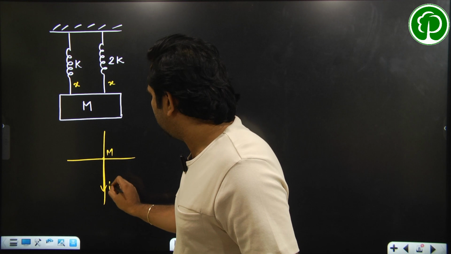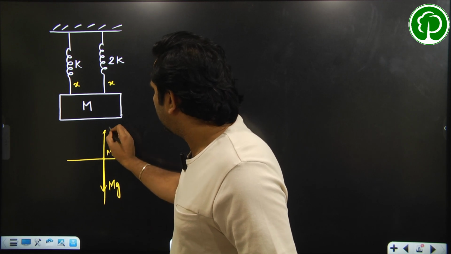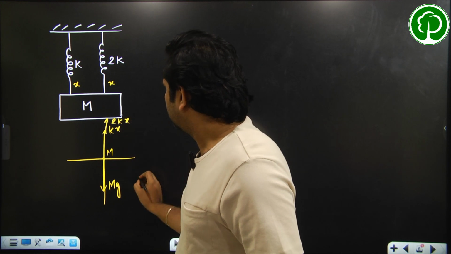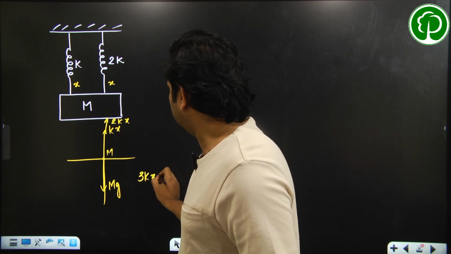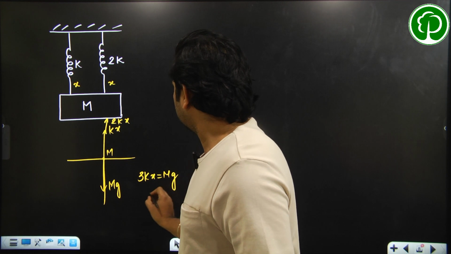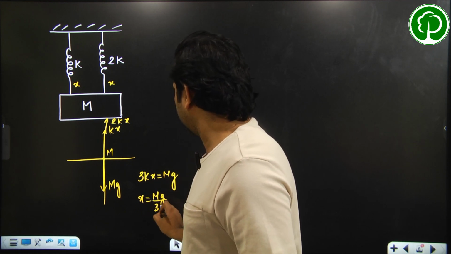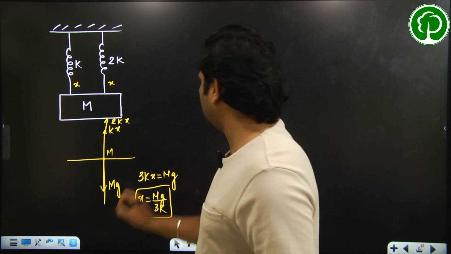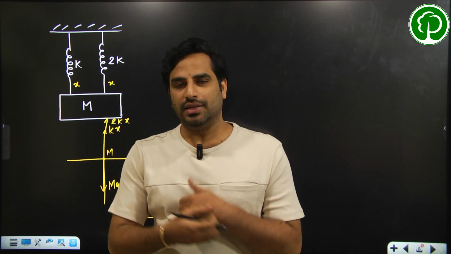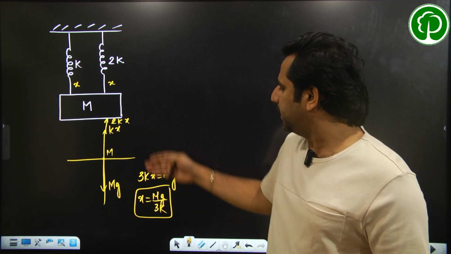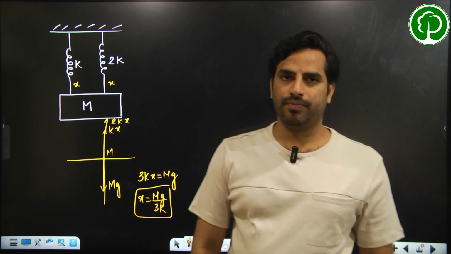It has mg down and kx and 2kx up. So 3kx is equal to mg, or x is equal to mg by 3k. This is the first step to solve these kinds of questions. The system is in equilibrium. The equilibrium stretch in each spring is mg by 3k.